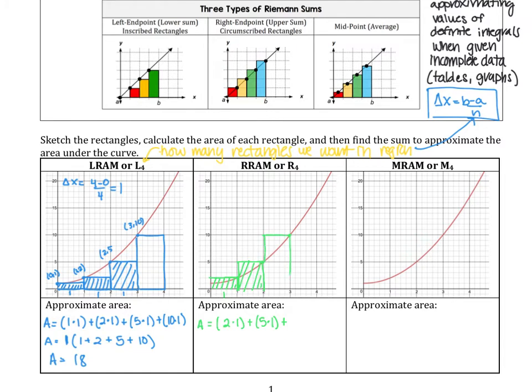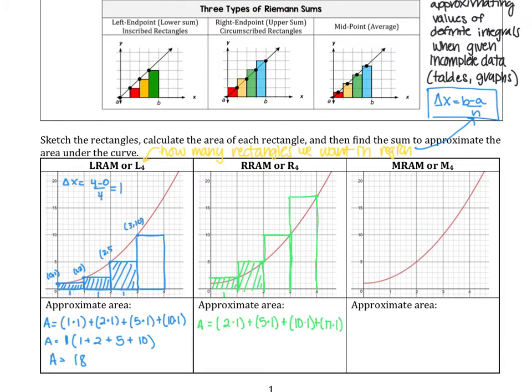And then here's my next one. I'm going to stop shading it in. This would be 10 times the width of 1. And then this last one, I have this rectangle here, which is 17 times a width of 1.